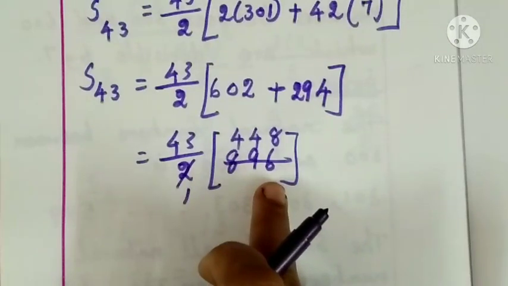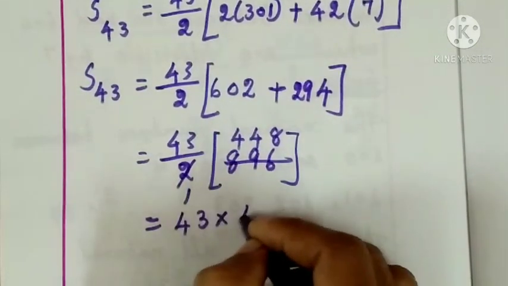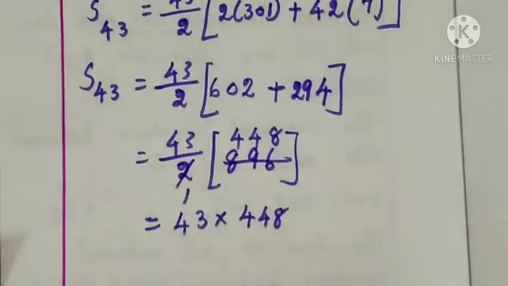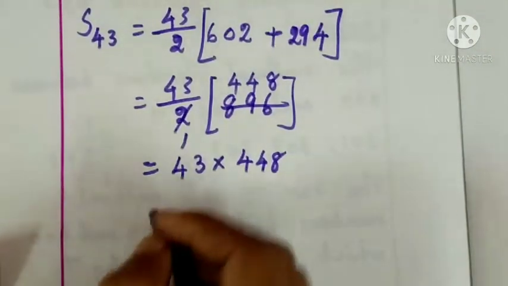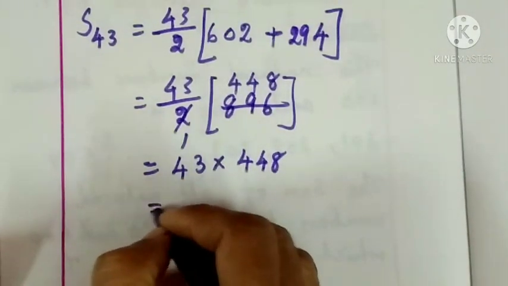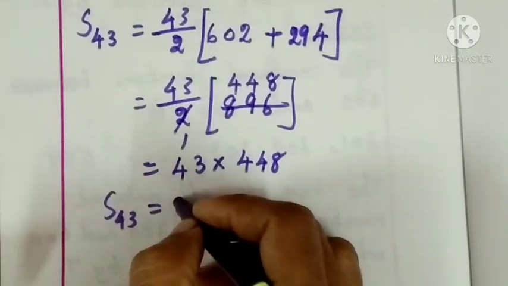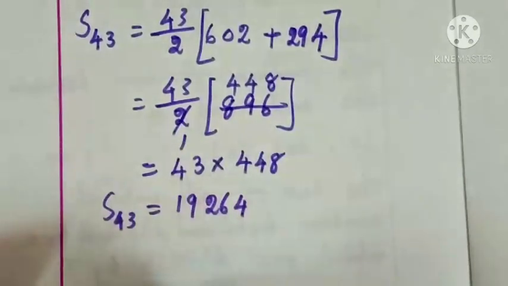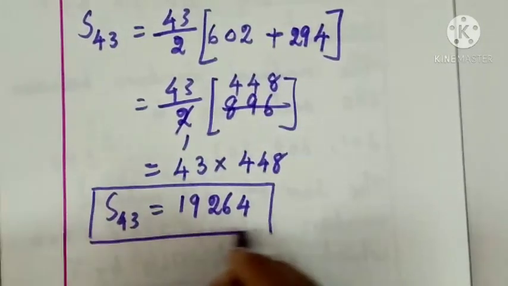So we have 43 into 448. Now multiply 43 into 448, we get S43 is equal to 19,264. This is the answer for this question.